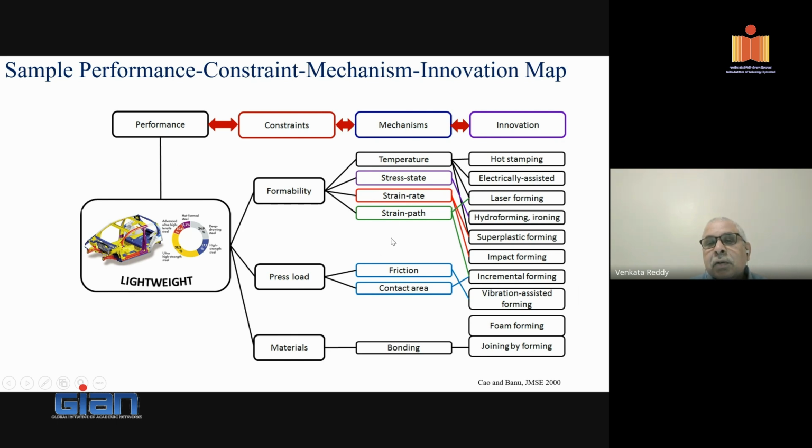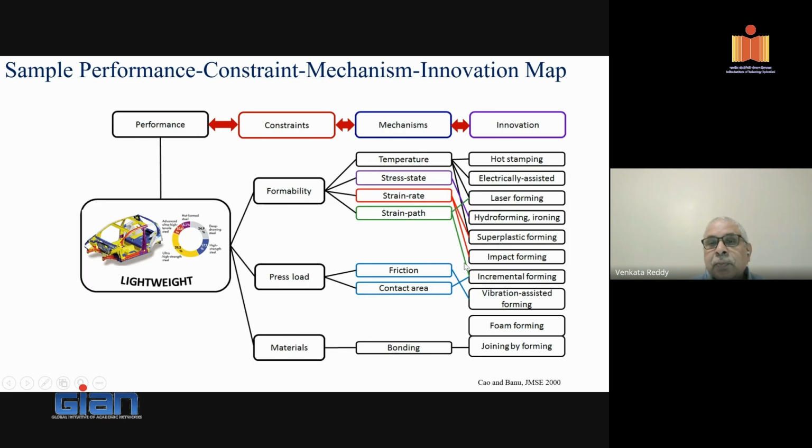Now, in that case, if you consider what manufacturing process is more suitable, do you go for hot stamping, electrically assisted forming, or do you go for laser forming, hydroforming, superplastic forming, or impact forming? Which one is suitable?